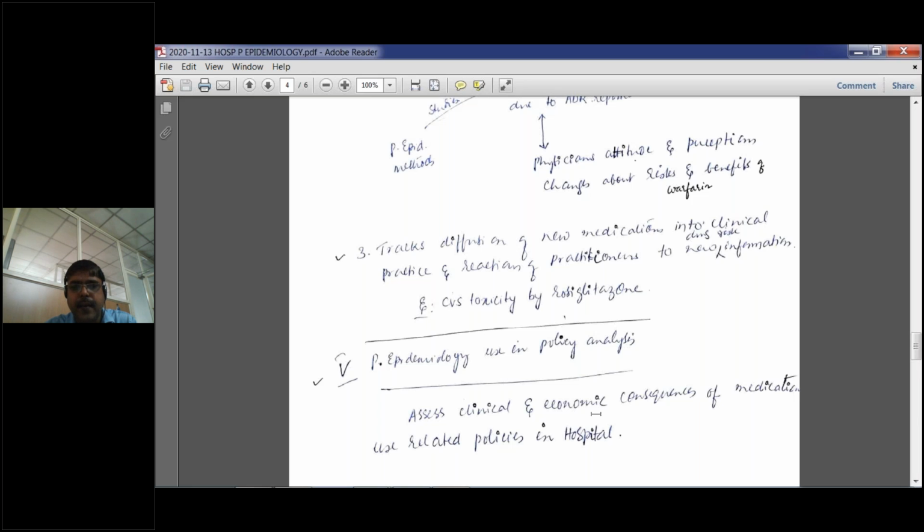And the economic side is the cost of the medications that are applicable to patients and to the treatment as a whole. Such consequences or results are going to be assessed by pharmacoepidemiology, especially with respect to medication use in the hospital setup. So this is how pharmacoepidemiology has a use in the hospital setup in the analysis of policy. Are you clear? Can we move on to the next part of it?